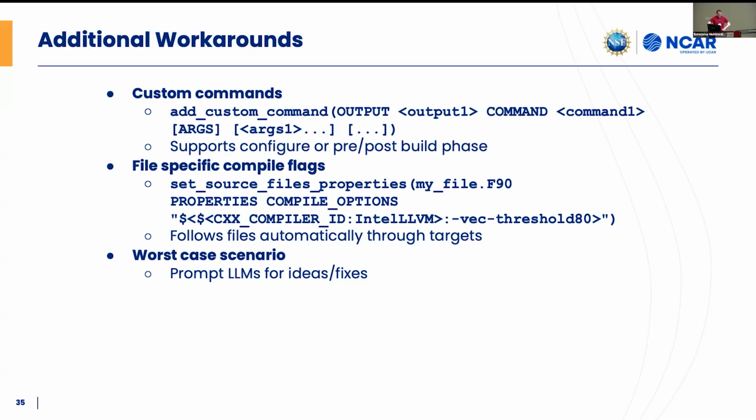We're getting into the weeds of CMake a little bit with generator expressions and whatnot, but long story short, even for individual files, you can specify individual compiler commands. You have to do some additional setup to make sure that it follows the files correctly. But once you have it set up, so long as your target is referencing that file, the target will know, oh, this file needs to be built with this additional command line argument.